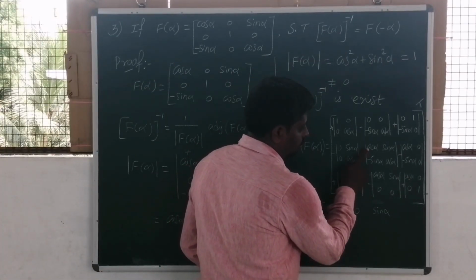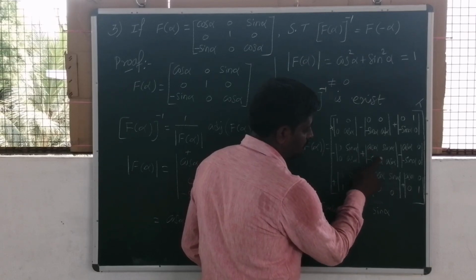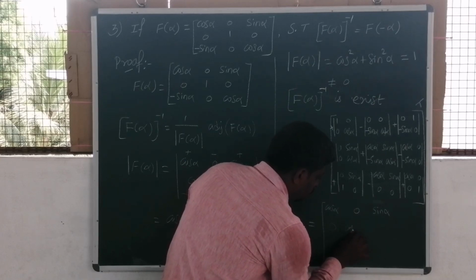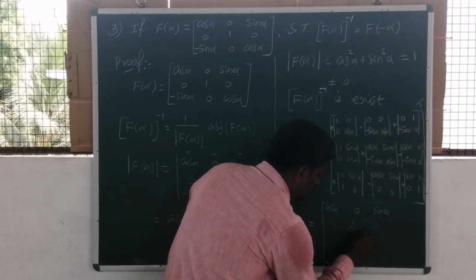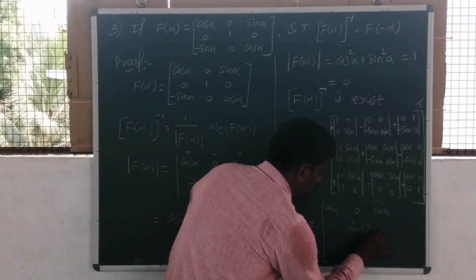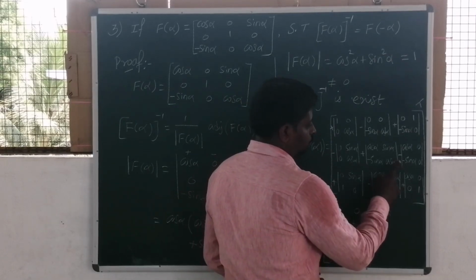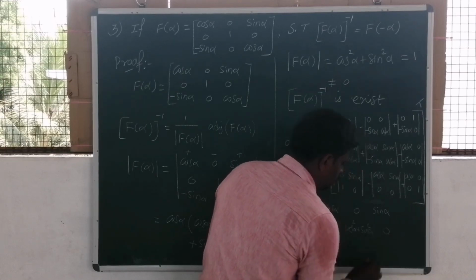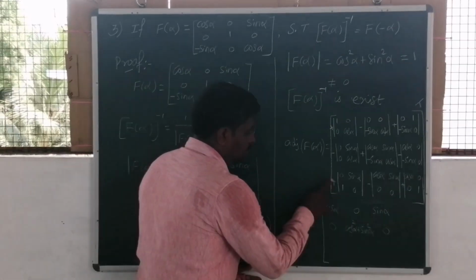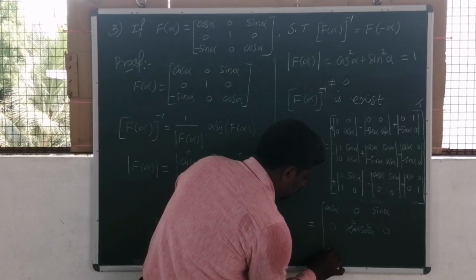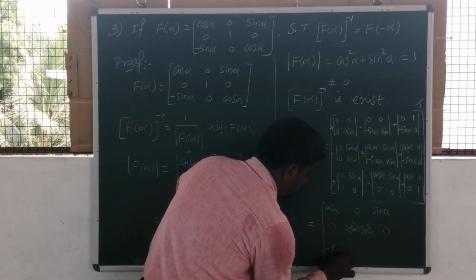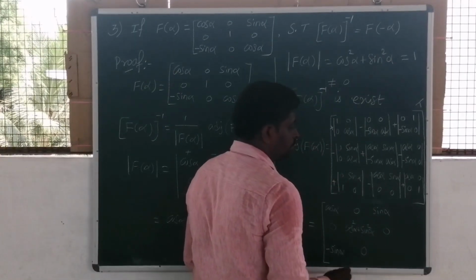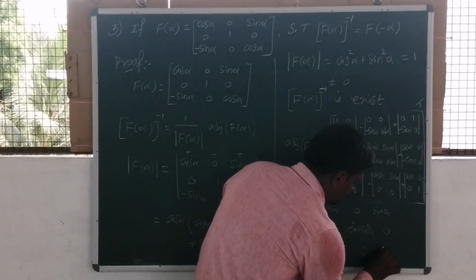Then the product of the principal diagonal, cos squared minus of minus plus sin squared, so cos squared alpha plus sin squared alpha. Then minus of 0 minus 0, so the total value is 0. Next, in the third row, 0 minus sin alpha is minus sin alpha, then 0 minus 0 is totally 0. Here cos alpha minus 0 is cos alpha.